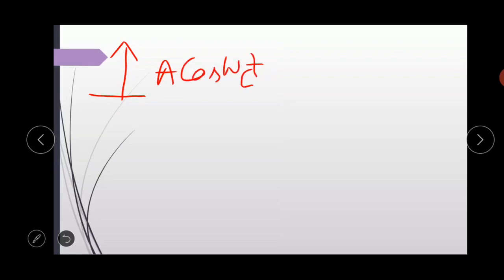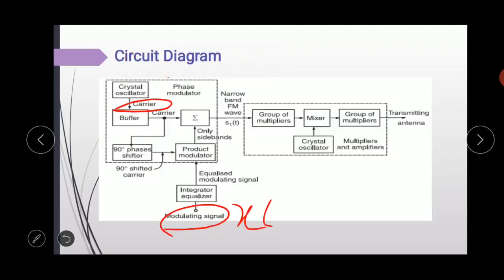In phasor it is represented as A cos omega c t. Then the carrier with 0 degree phase is applied to the 90 degree phase shifter.